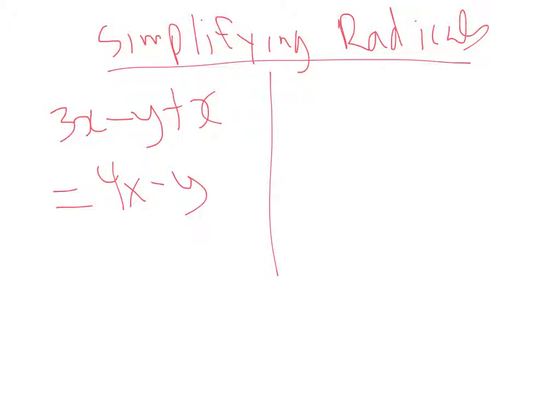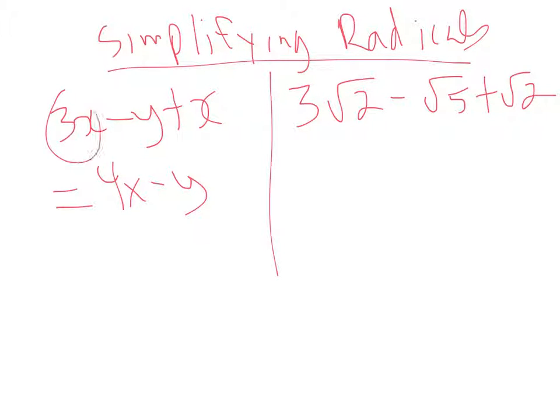In similar fashion, what if you had 3 root 2 minus root 5 plus root 2? Well, you can see right away, you can't add root 2 and root 5. They're not like terms. Over here, your like terms were 3x and x.